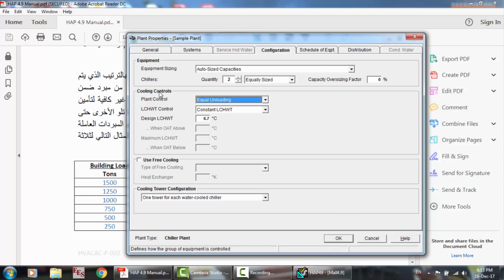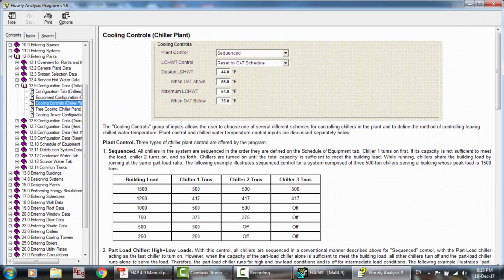The cooling controls have to control the plant, or the chillers, here sequenced with parallel load, chiller high plus low loads, and equal unloading. They are sequenced. What does this mean? Click F1. We have here: all chillers in the system are sequenced in the order they are defined in the schedule of equipment tab.